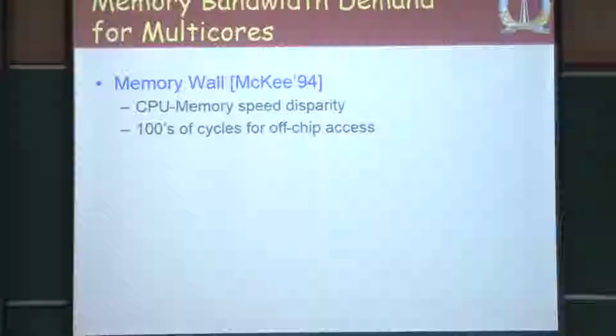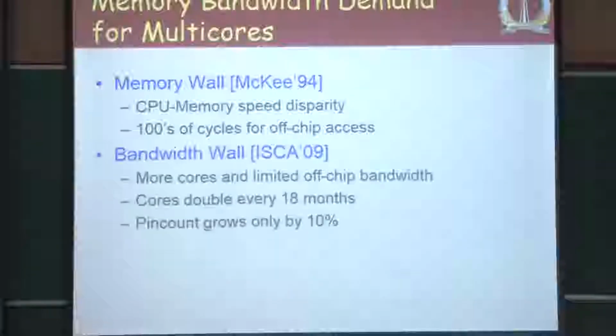Bandwidth is essentially the amount of data that can be supplied in a unit time. That also is an important criterion, because now you have multiple cores, and each one of these cores wants a certain amount of data to be supplied to the processor for its performance. So, all of these multiple cores together demanding more is really stretching the bandwidth of memory. This problem is called the bandwidth wall problem in 2009.